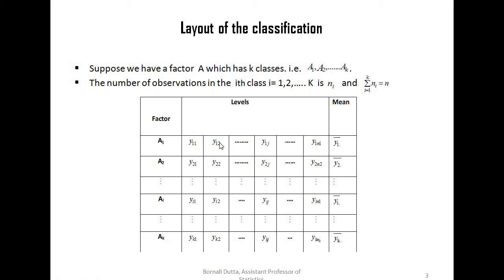Next, y12 represents the second observation in the first class, 2 for j and 1 for i, and so on. Similarly, y1j represents the jth observation in the first class and y1n1 represents the n1th observation in the first class. Now y1 dot bar represents the mean of these observations.